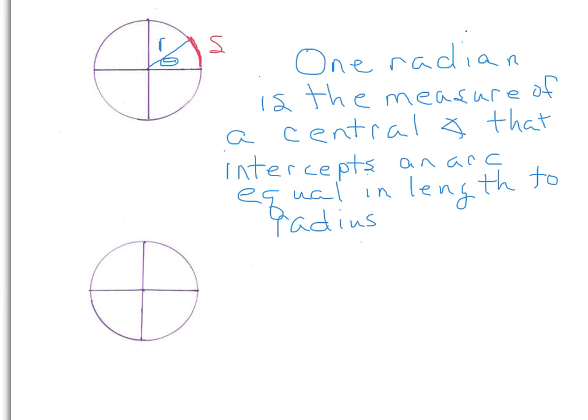One radian is the measure of a central angle that intercepts an arc equal in length to its radius. Now, I don't know that that's equal in length right there that I just drew, but I think you can see that we could come up with the definition for theta. Theta is equal to the intercepted arc divided by the radius, and this is where theta is in radian measure.